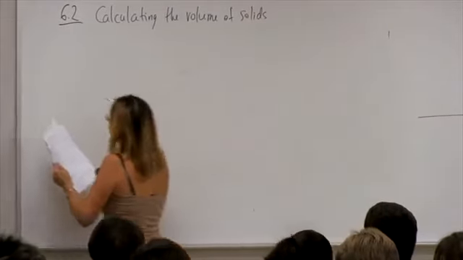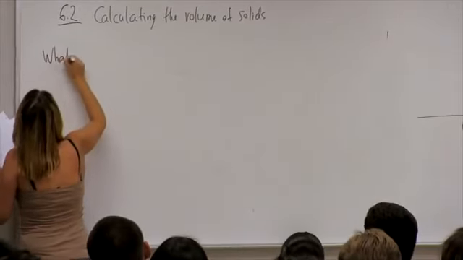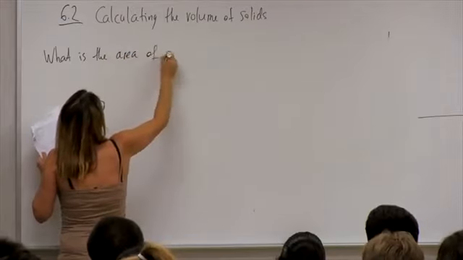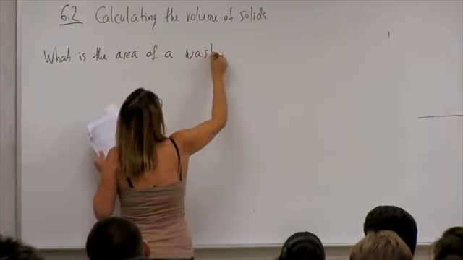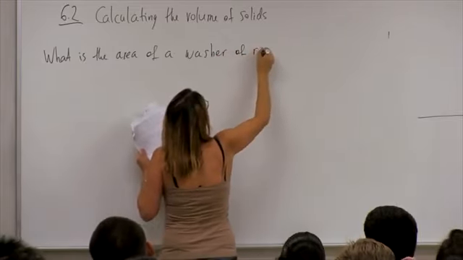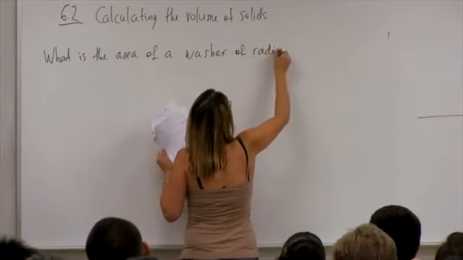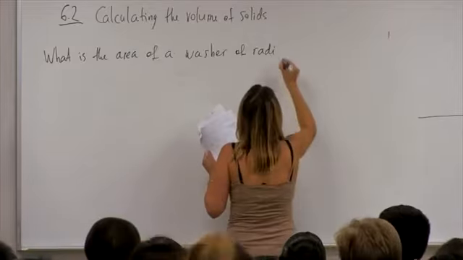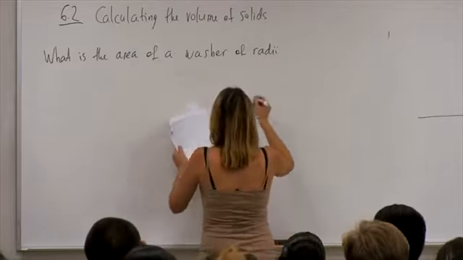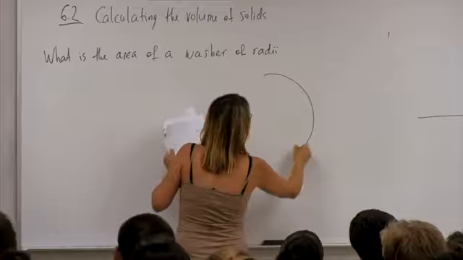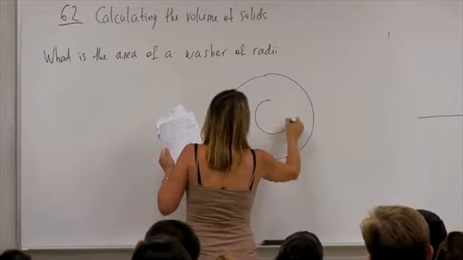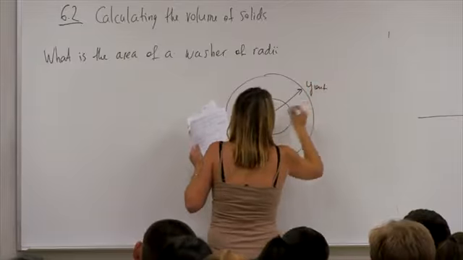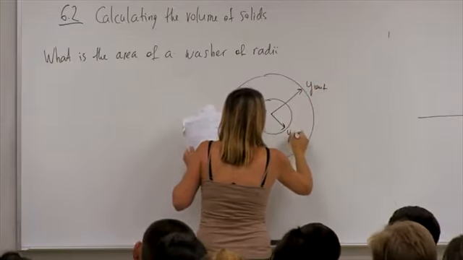So what is the area of a washer of radii? A washer is characterized by two radii, right? An inner one and an outer one. So let's draw it like this. This is y out, and this is y in.